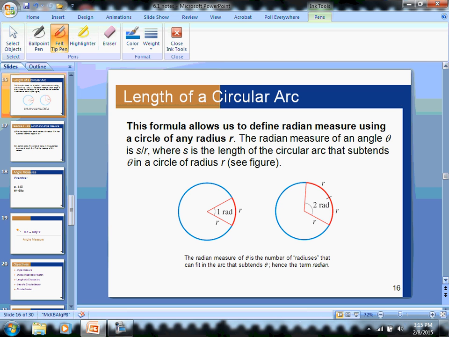Now, what this formula does is it allows us to define radian measures using a circle of any radius. So that's nice. We don't have to just work with a radius of 1 anymore. No matter how big the circle is, we can find the arc length. And they keep using this word subtends. Remember, that just means where that angle opening starts and where it ends.